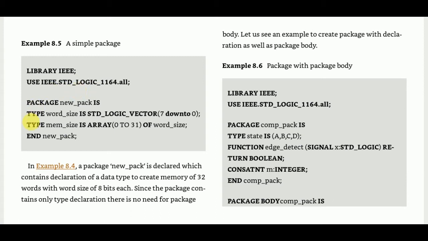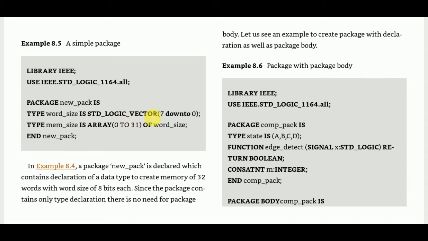Then package new_pkg. Here the name of the package is new_pkg. Package is a keyword, then name of the package, then is, then the two declarations: type word_size is std_logic_vector(7 downto 0).